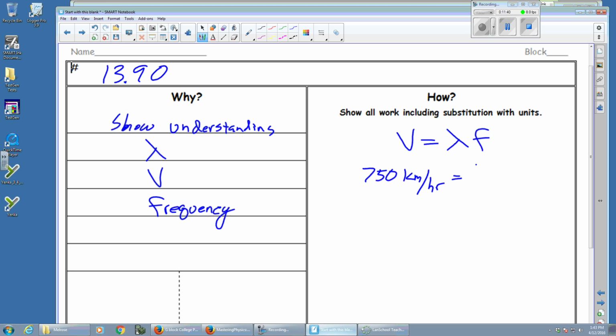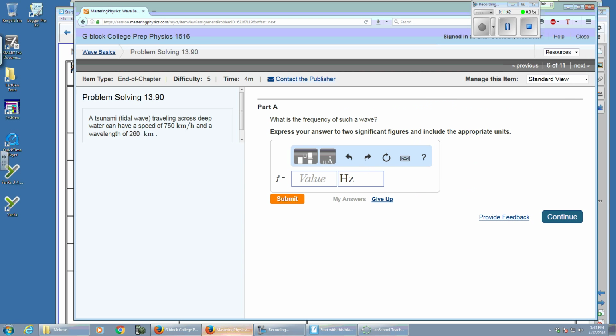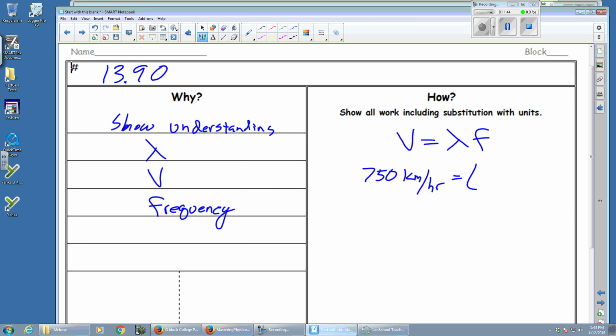My wavelength is 260 kilometers. And they want to know my frequency. So I'm going to end up with 750 kilometers an hour divided by 260 kilometers.